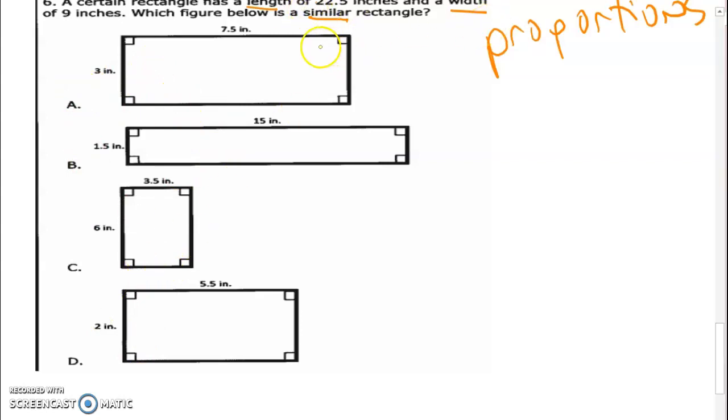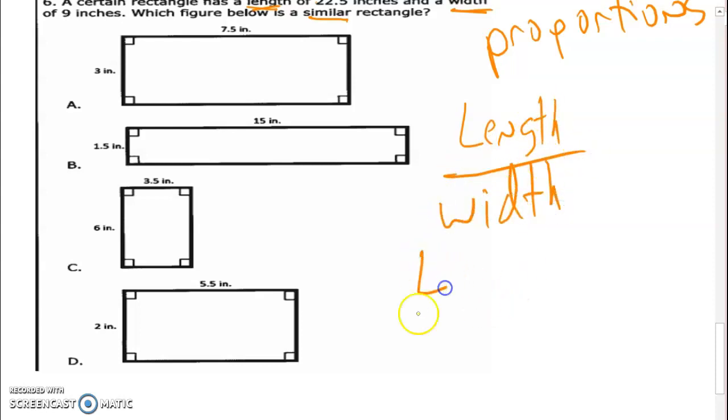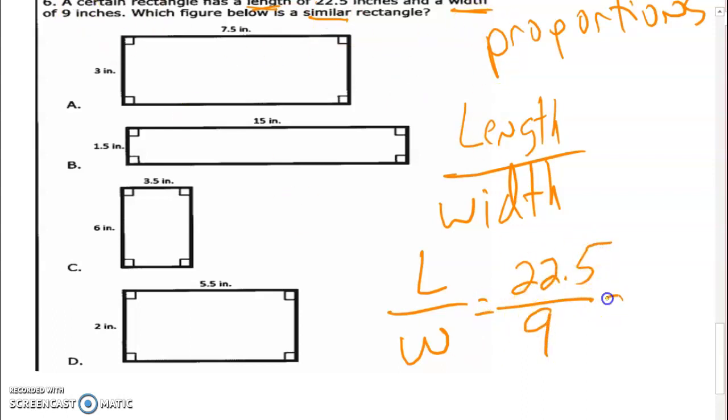Well, that means if it's similar, then I should be able to do this. I should be able to, okay, I'm comparing length and width. So I'm going to go for length and width. I'll just put L and W. Okay, length and width. And the first one is 22.5, and the width is 9. Okay.